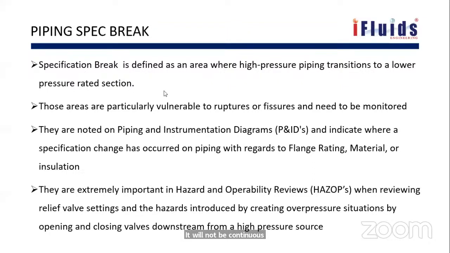So their specification breaks will be provided. These are clearly noted on piping and instrumentation diagrams. And these specification breaks have to be clearly understood as they are extremely important in HAZOP studies. Okay, which you will be seeing in due course.